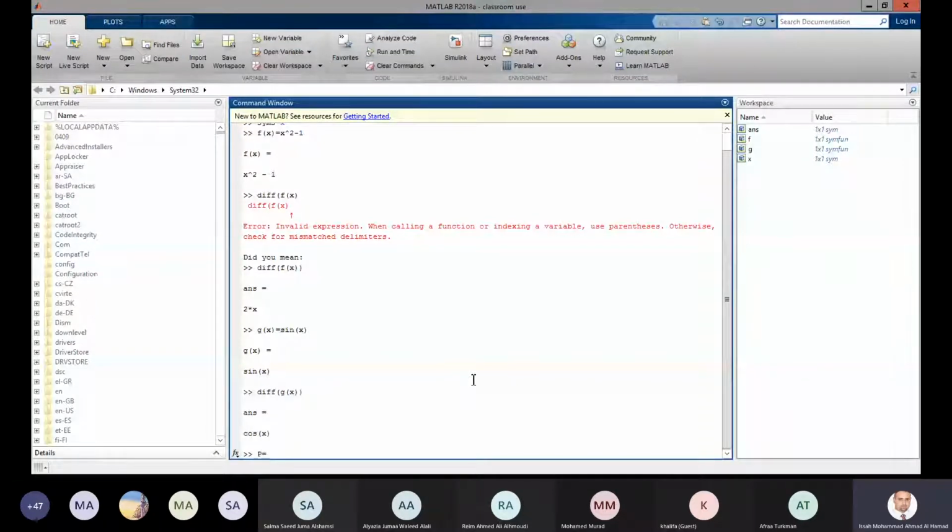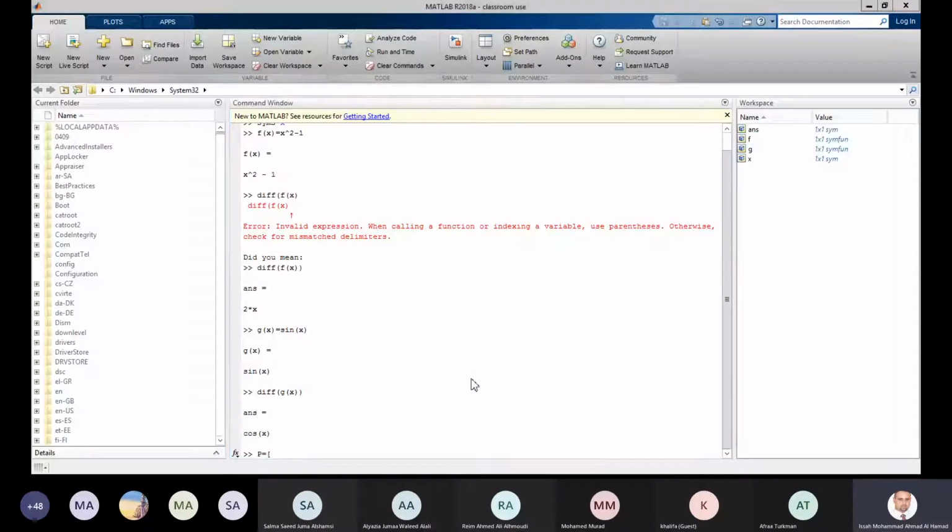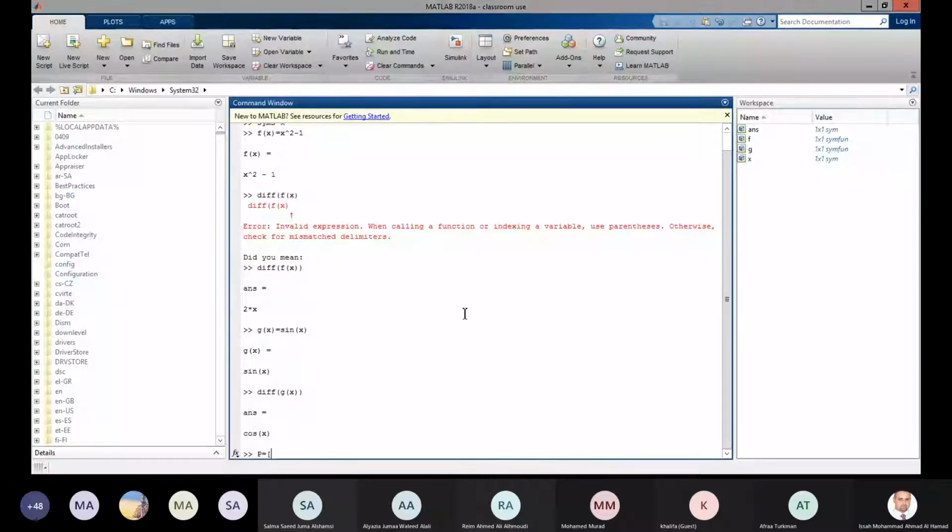So, p equals, if you are talking about x + 1, or x^2 - 1, it will be something like this. p equals, x^2, so the coefficient of x^2 is 1.